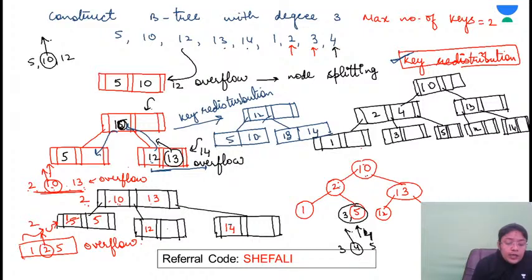Any doubt till this point? यहाँ तक clear है concept? Okay. Don't worry about the previous year questions. Gate में किस type के questions आते हैं? I'll be discussing each and every type of question in the class.